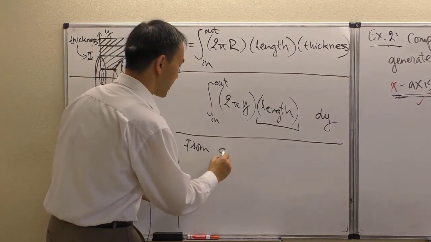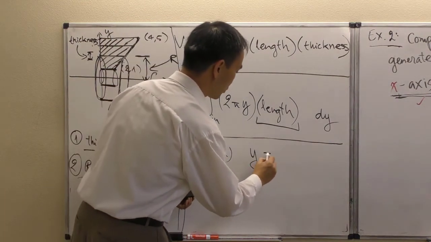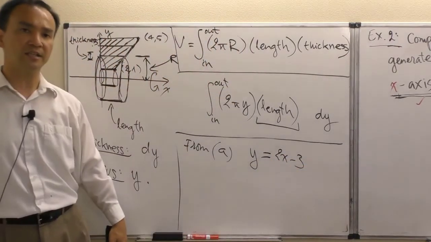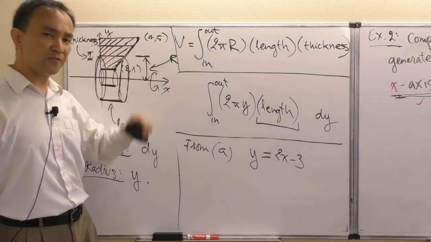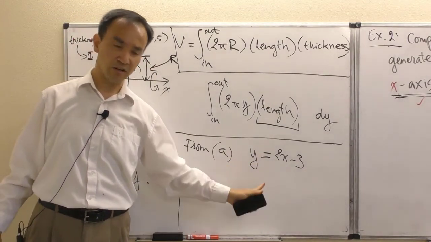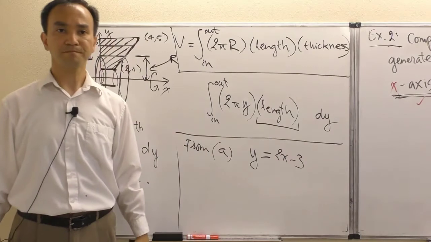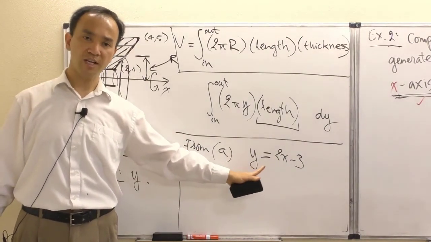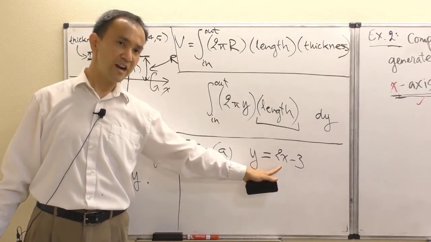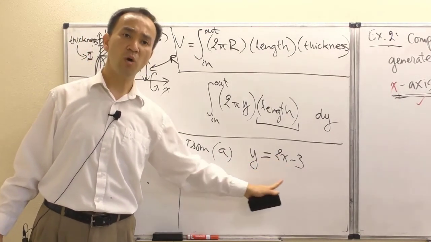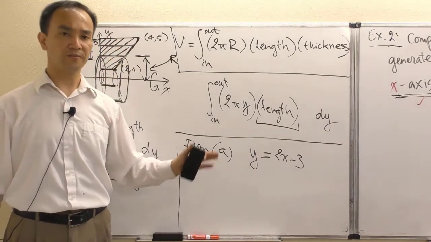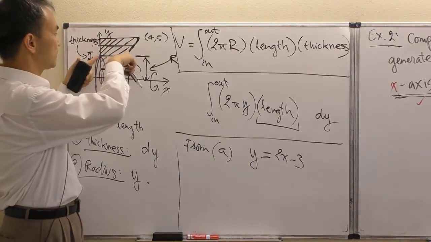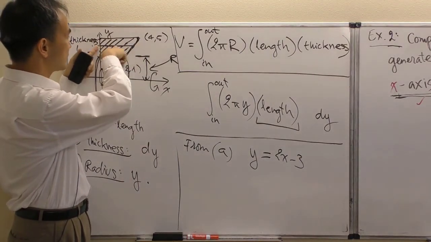So from example A, we already expressed y equals 2x minus 3. That same line connects the 2 points, (2, 1) and (4, 5). That same segment is part of the line y equals 2x minus 3. But in part A, we expressed the graph as a function of x. We don't want this. We want the function in terms of y, because our length of the stripe is how far from the y-axis out to the curve itself.